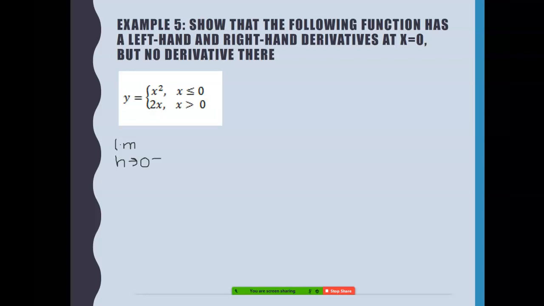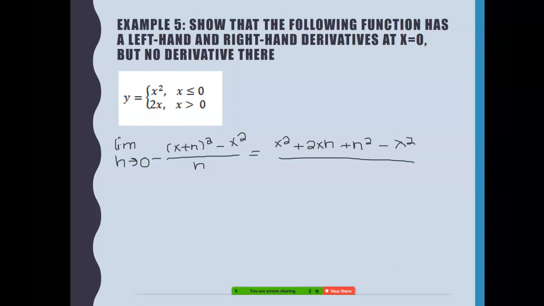So this would become x plus h squared minus x squared all over h. And then that becomes x squared plus 2xh plus h squared minus x squared all over h.